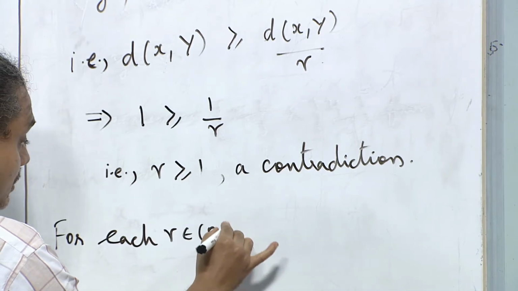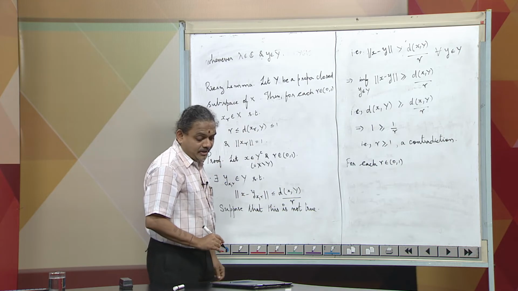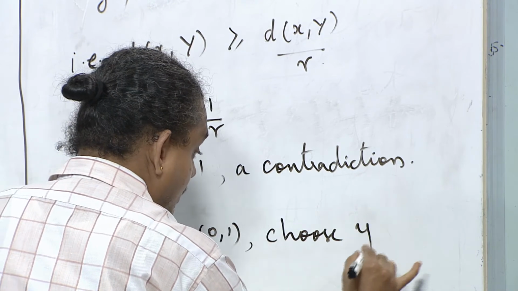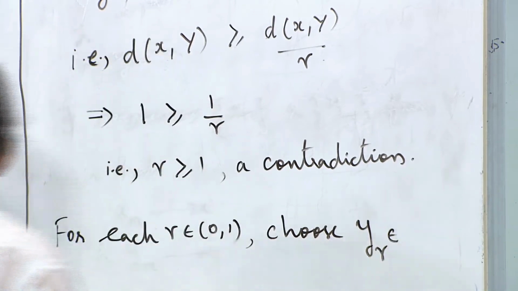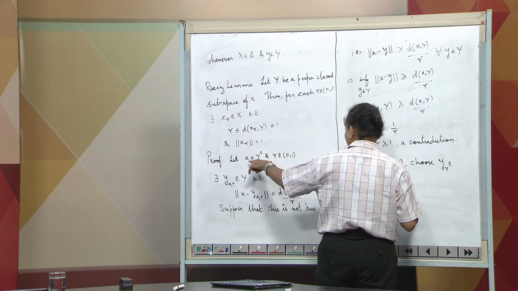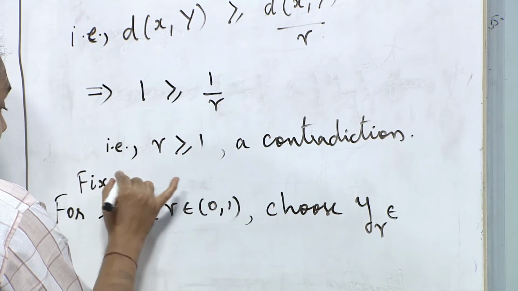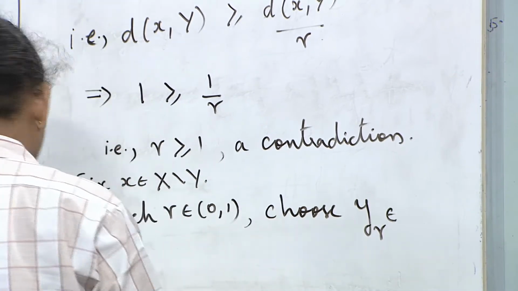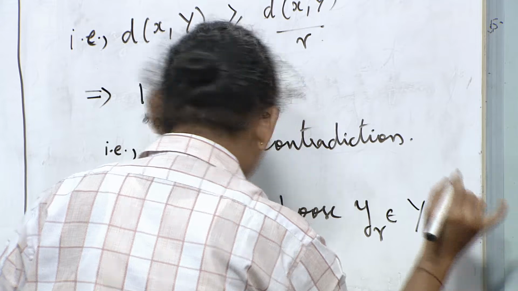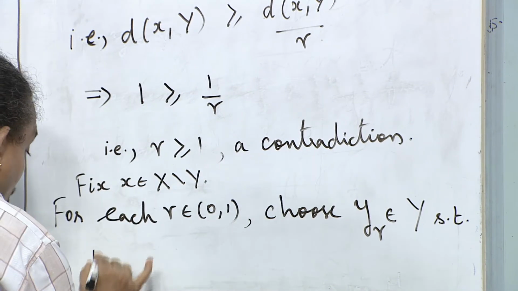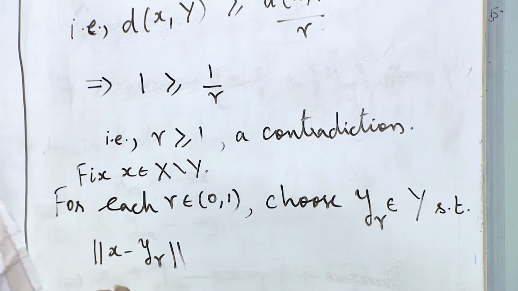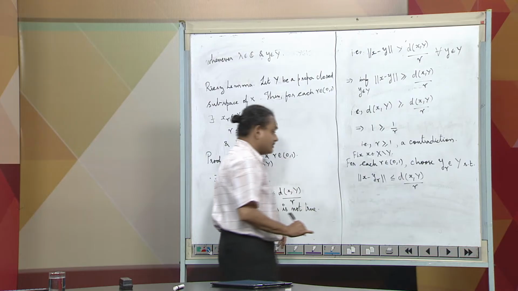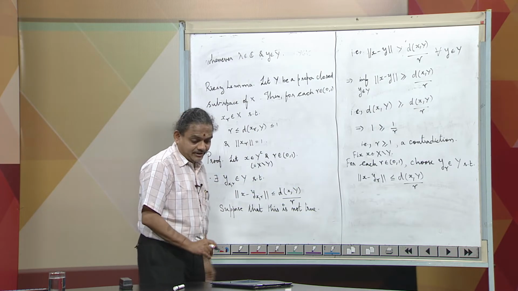So, we have already fixed x in X minus Y, then for each r in (0,1) choose y_r in Y, that is what the claim says, such that the norm of x minus y_r is less than or equal to the distance between x and Y upon r. So, this much is known to us.